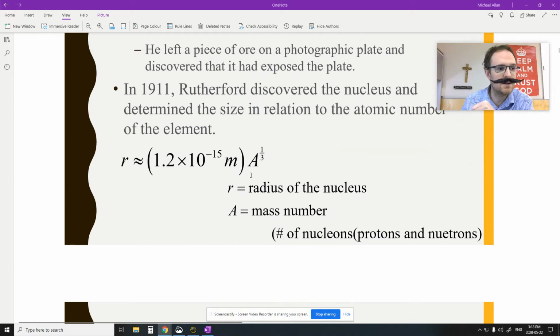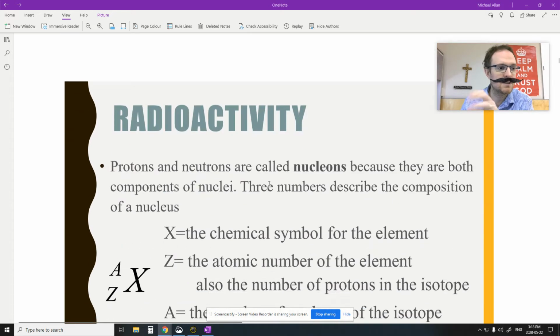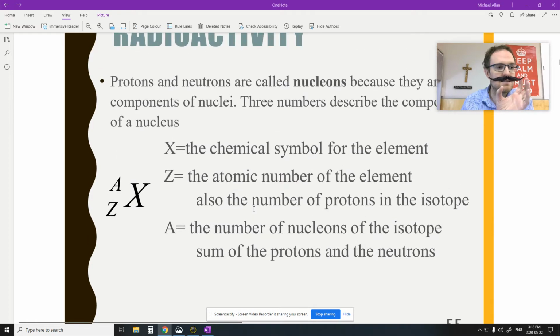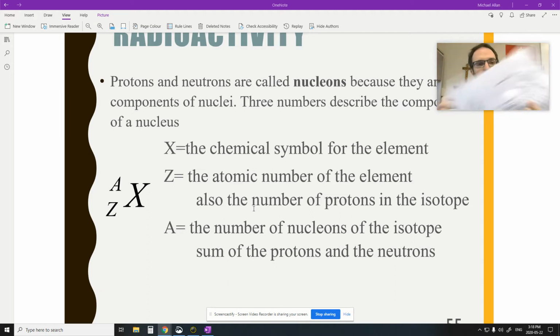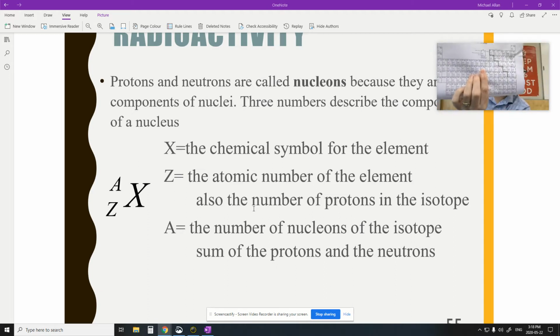And what we know about the atomic number is it's just the number of protons in that element. So if I have an atomic number of, say, 47, atomic number of 47 is silver, right? That means it has 47 protons.